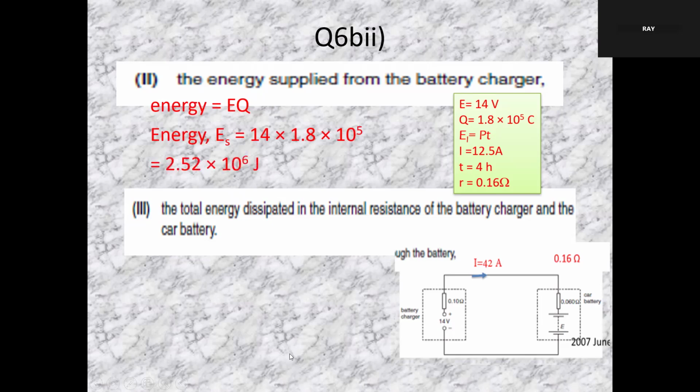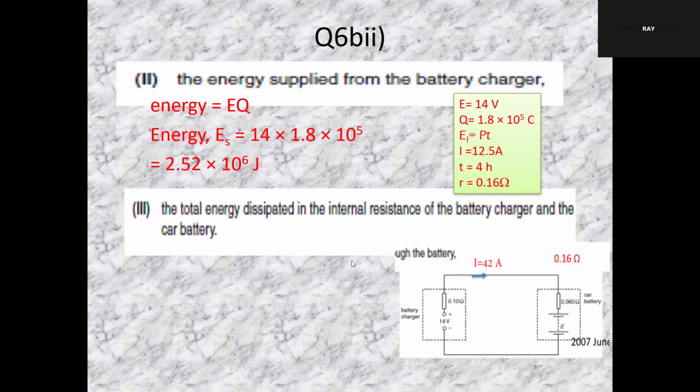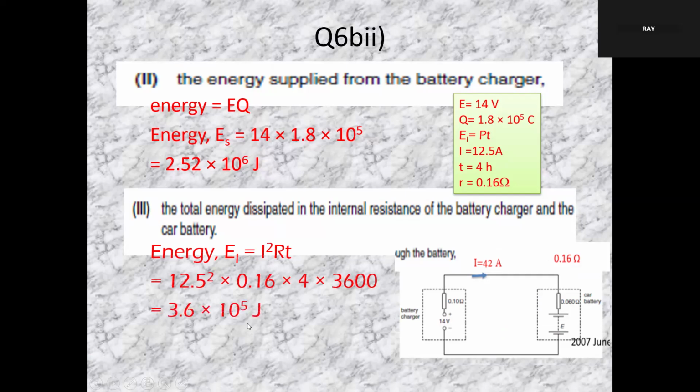Okay, now the total energy dissipated in the internal resistance of the battery charger and the car battery. Right? We got the current, we got the total resistance, and use I squared R, I squared R times T. The time we convert to seconds, that's why we times 3,600.